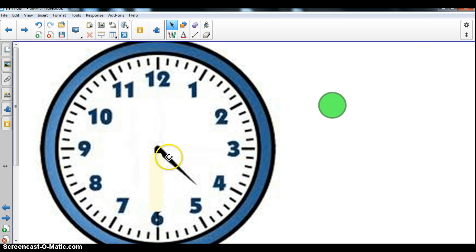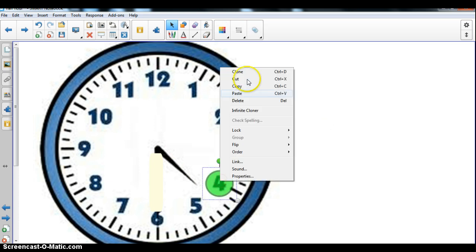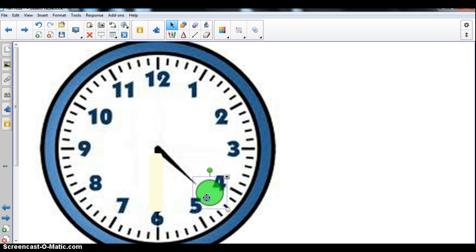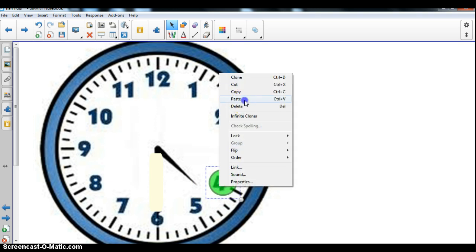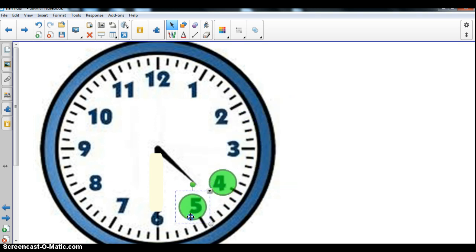Only looking at the hour hand, the hour hand is right in between the 4 and the 5.